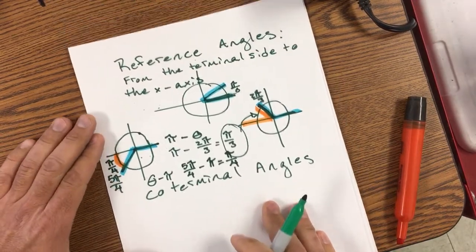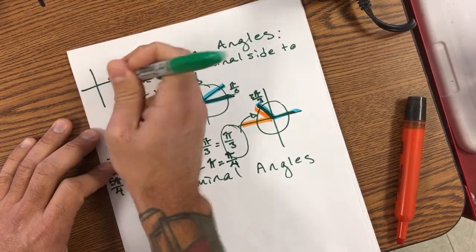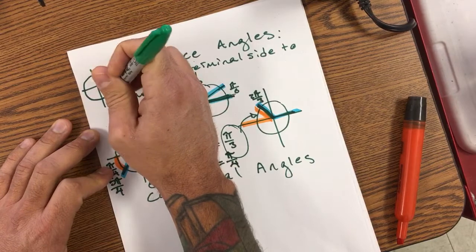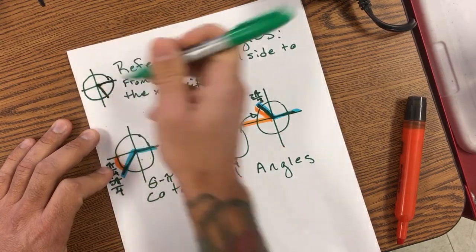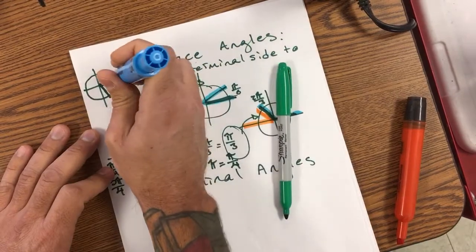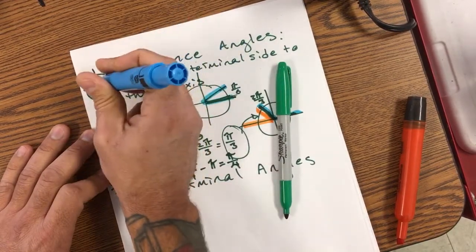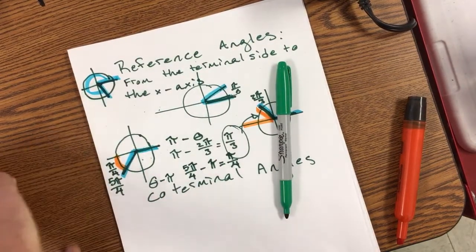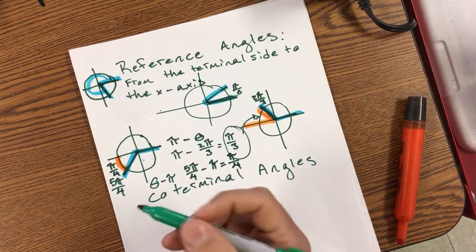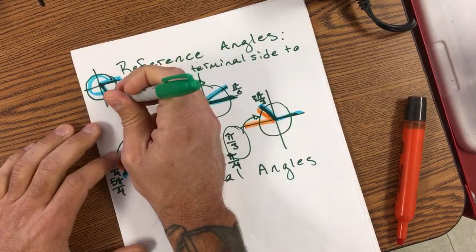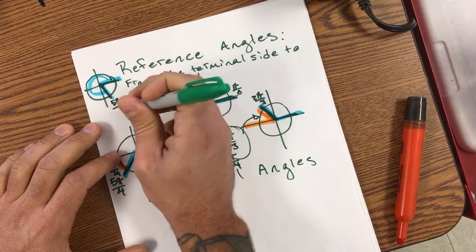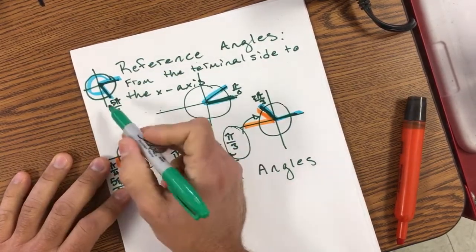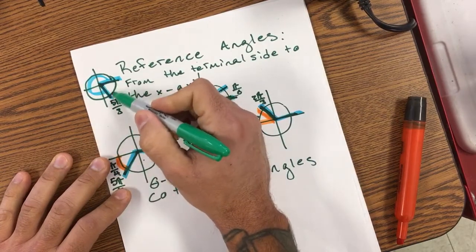When I'm in quadrant 4, I have this, but I'm going this way. So that one is going to be 5 pi over 3. So what I'm going to do here is, I'm looking for this guy.